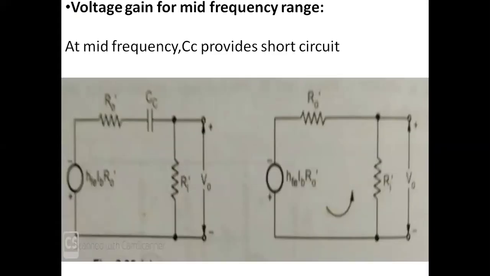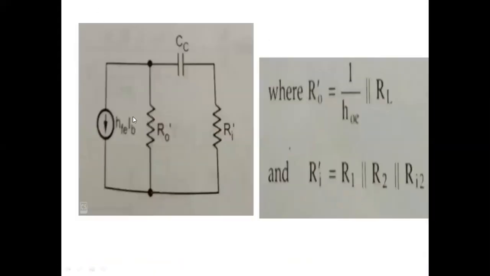So this is our equivalent circuit, and at mid frequencies, Cc becomes short circuit. At lower frequencies, Cc has some reactance, so that's why we take some reactance value.